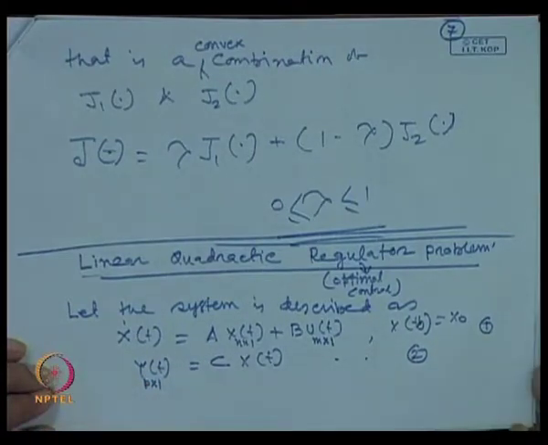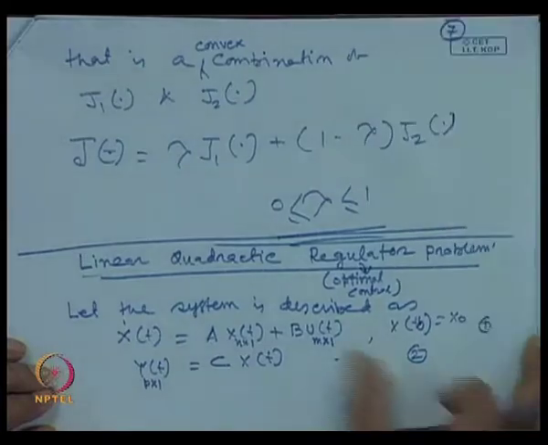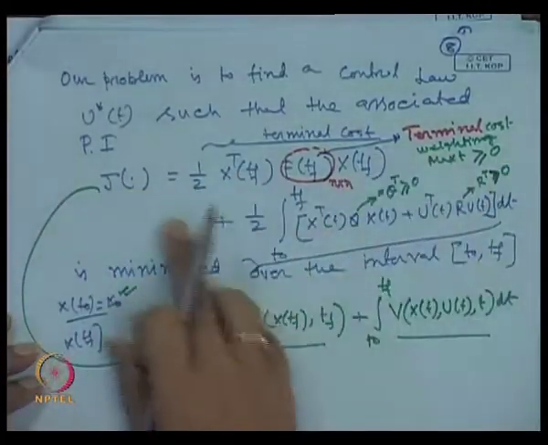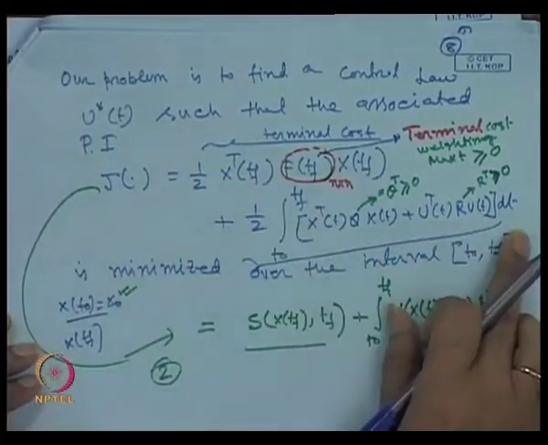Our problem is to find a control law u of t such that the performance index we have described is minimized.